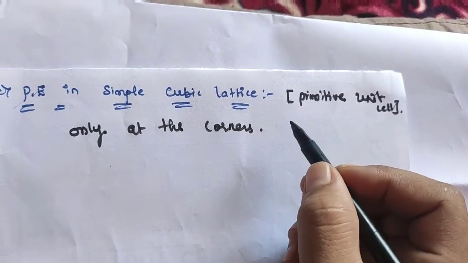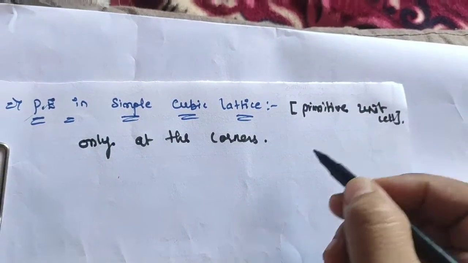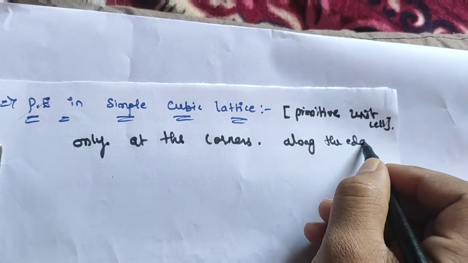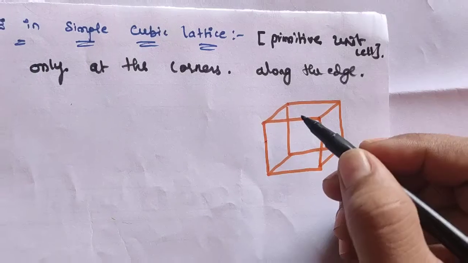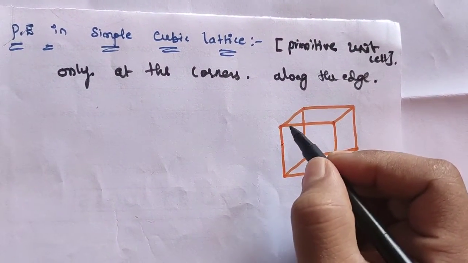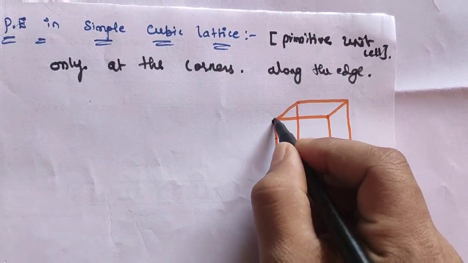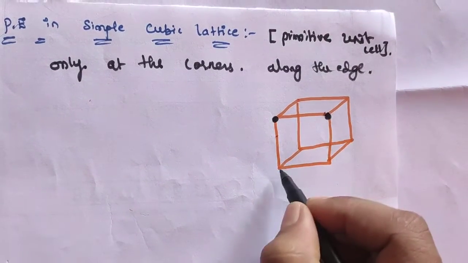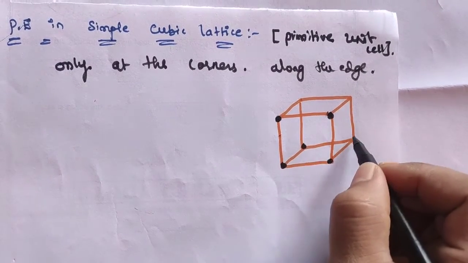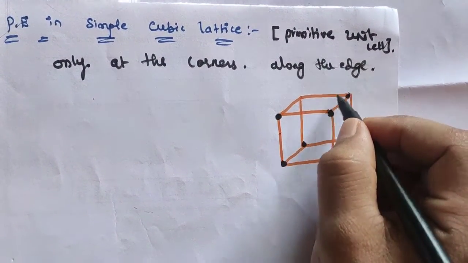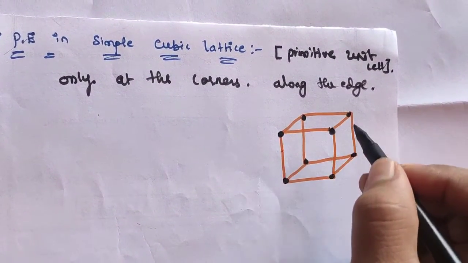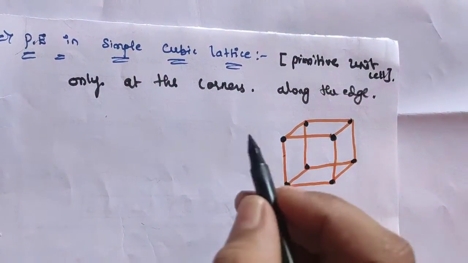Therefore the particles are in contact with one another along the edge. So this is a simple cubic unit cell. In this simple cubic unit cell the constituent particles are present only at the corners, totally 8 constituent particles at 8 corners.